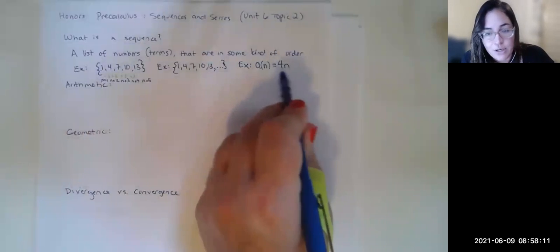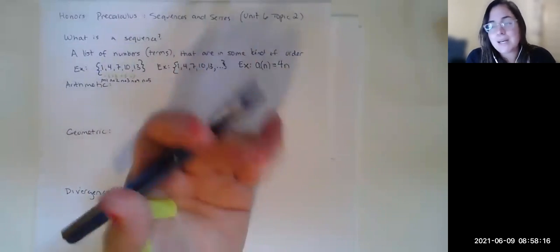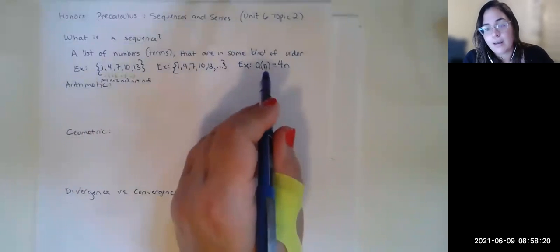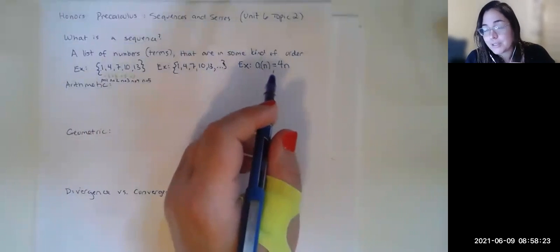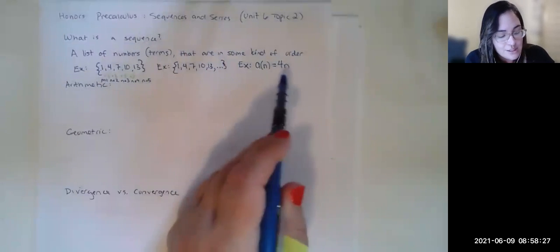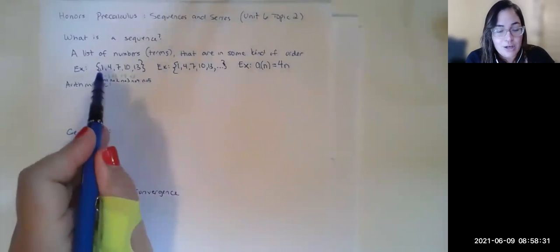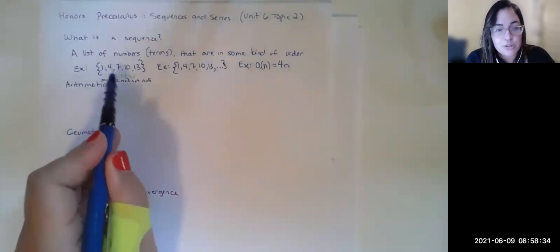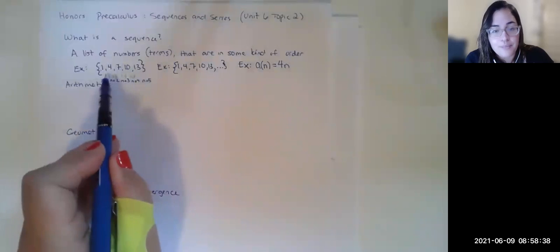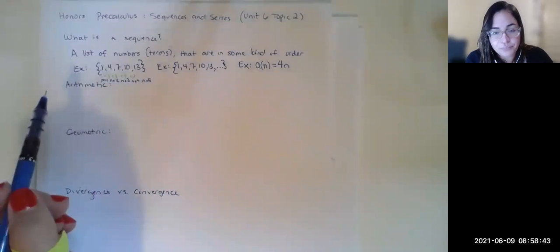You can think about a sequence sort of like a function, but instead of your domain being all real numbers, like decimals and negative numbers, in sequences we usually start with counting numbers. So we have n equals 1, n equals 2, n equals 3, n equals 4, n equals 5, and we list them out as finite terms.